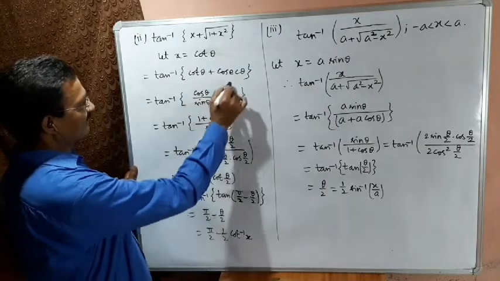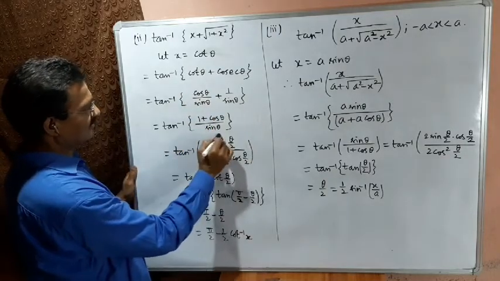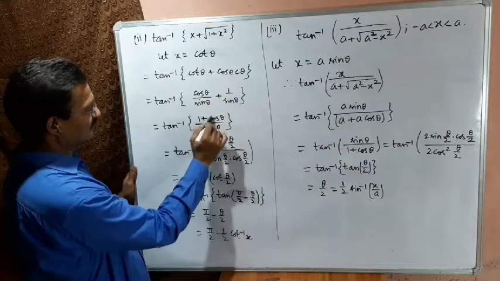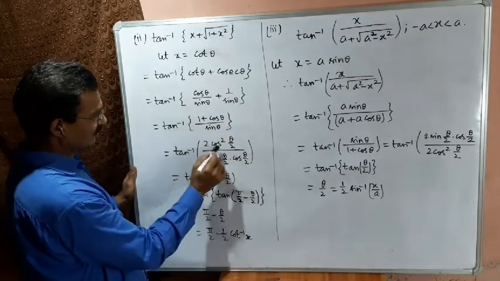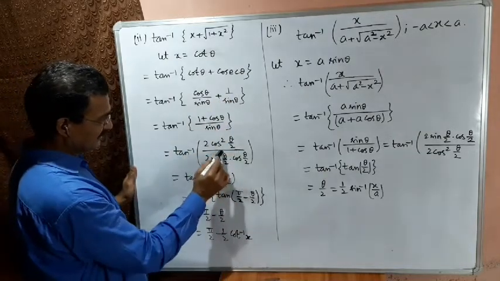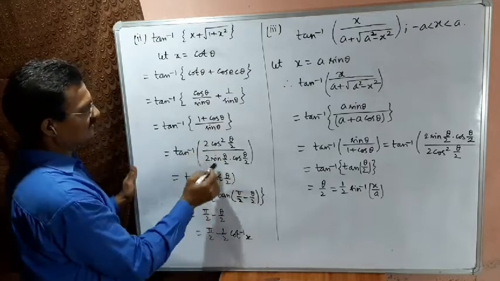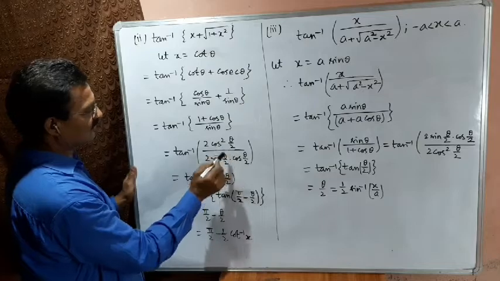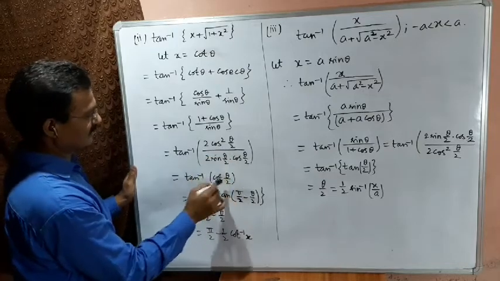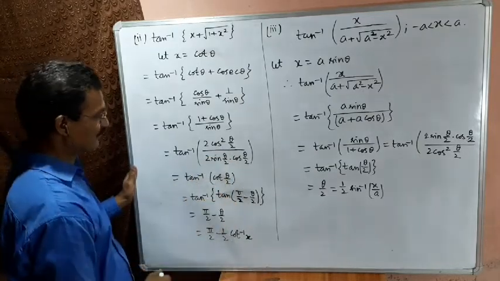Now this is cos by sin, 1 by sin, LCM, and in the numerator 1 plus cos theta, which is 2 cos square theta by 2, over 2 sin theta by 2 cos theta by 2, half angle formula. 2 cancelled, 1 cos cancelled, 1 cos, 1 sin, cot, so tan inverse cot theta by 2.